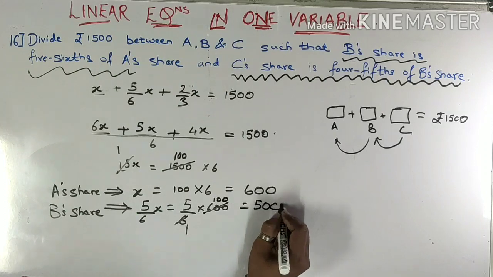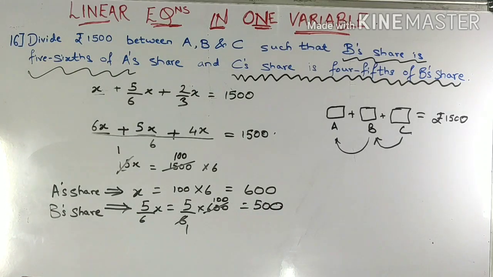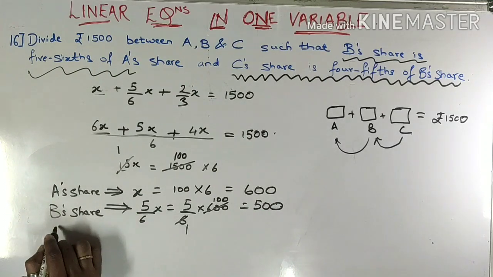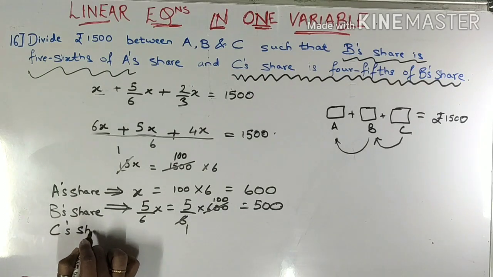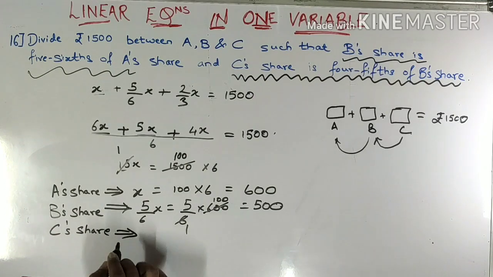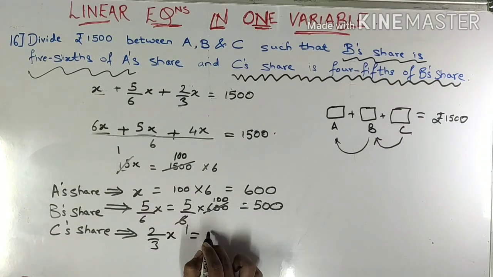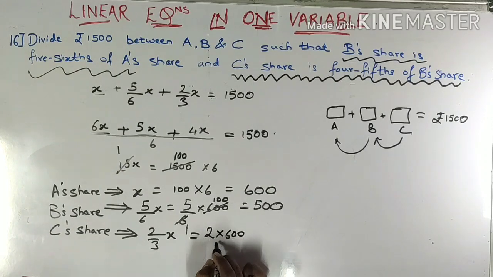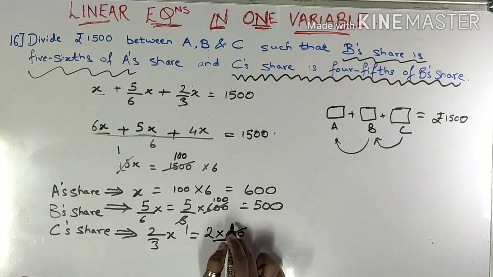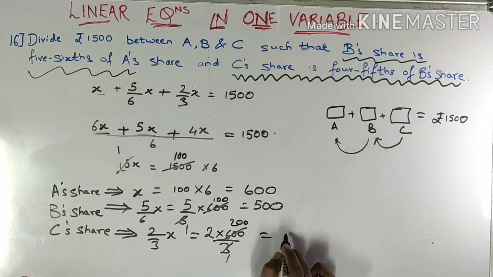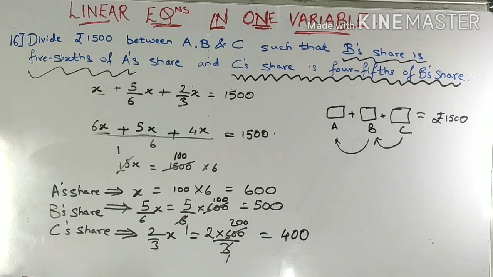This gives me 500. What was C's share in terms of x? That is 2 by 3 x. So 2 by 3 x is nothing but 2 into 600 upon 3, 3 200s, that is 400.